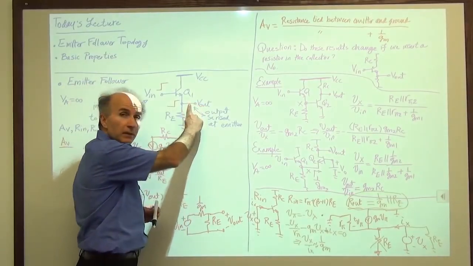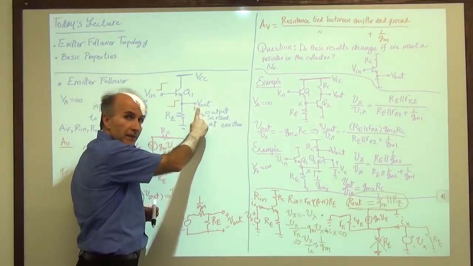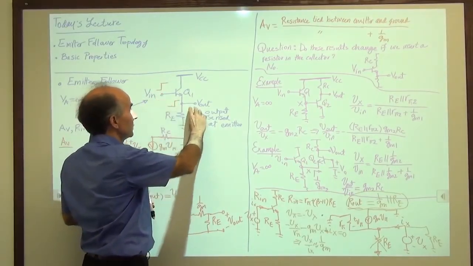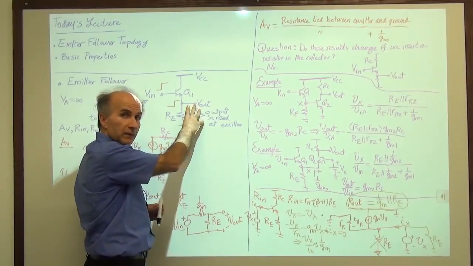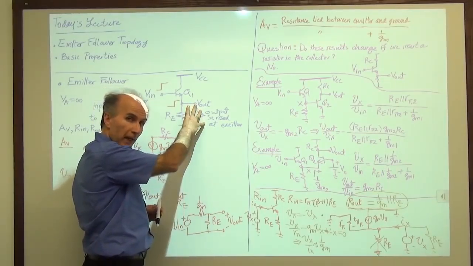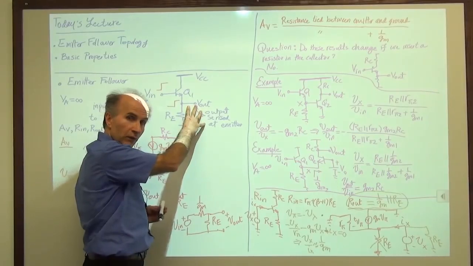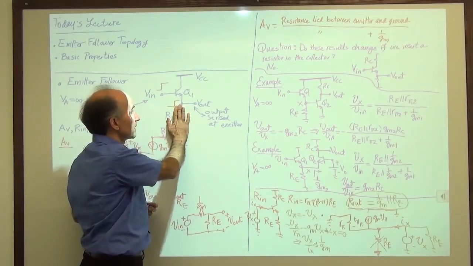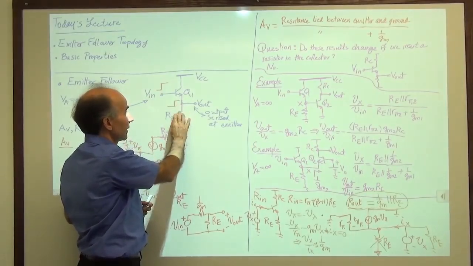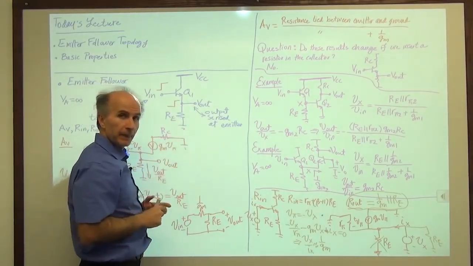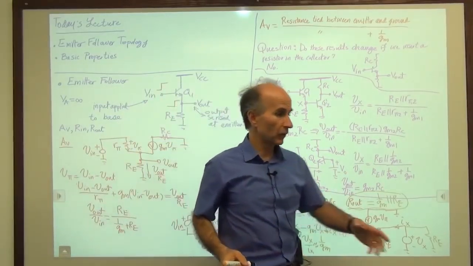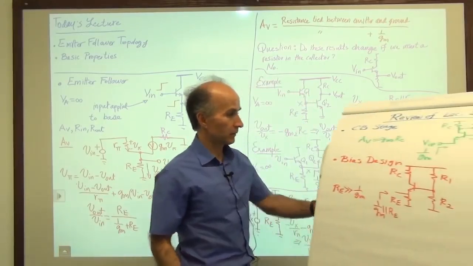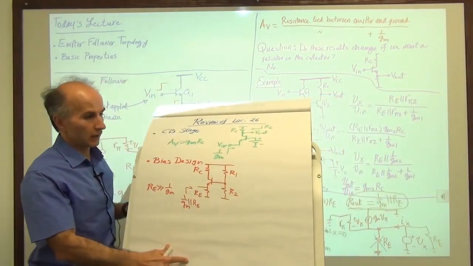If we sit at the emitter and measure the resistance, of course with the input source set to 0, we measure 1 over Gm in parallel with Re. 1 over Gm is the impedance seen at the emitter, and Re is down here. So this is beginning to look familiar because it's actually similar to this equation here.